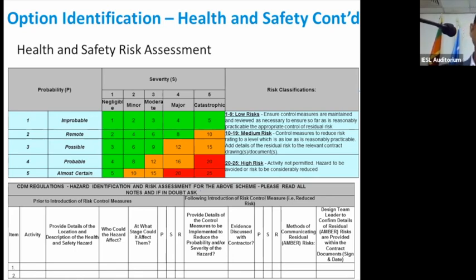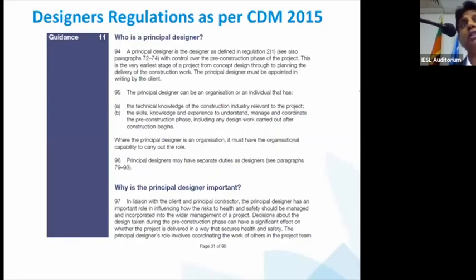So we translate that idea to the contractor in that way, right? Or of course, you can use method statements, and there are a number of ways you can do it. This is a designer regulation as part of CDM, and I don't want to get into too much here, because there are certain standards in the Sri Lankan context, right? But the emphasis is that it is very important.